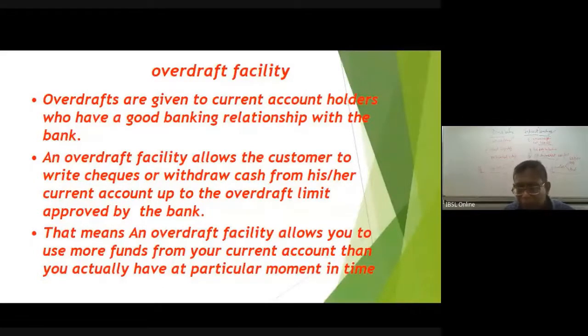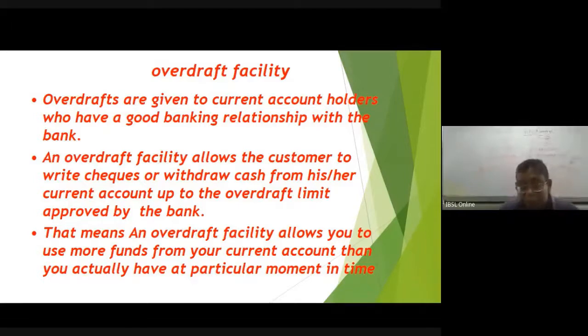Now, what is that? We'll leave the second point and go to the third point, and then I'll come back to the second point. The third point: what do you mean by an overdraft facility? It allows you to use more funds than your account balance at a given time. That's important. Suppose your current account balance is around 100,000 rupees, but you write a check for 120,000 rupees.